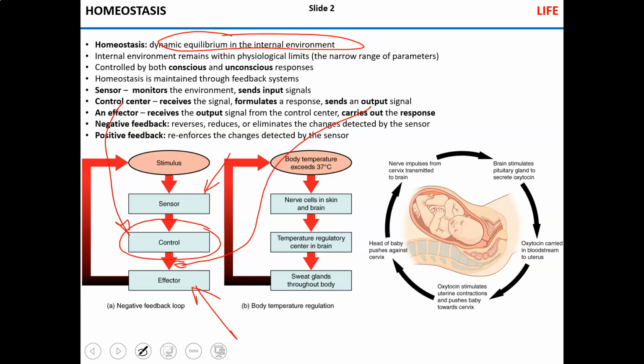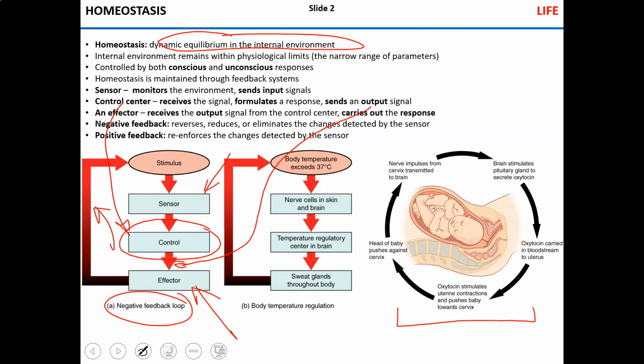The effector receives the output signal from the control center, and based on that, carries out the response that is specific to the original stimulus. If the response that's carried out by the effector, this red arrow, ameliorates, reduces, or eliminates the stimulus, it's called negative feedback. If it instead aggravates or reinforces the original stimulus, it's positive feedback.